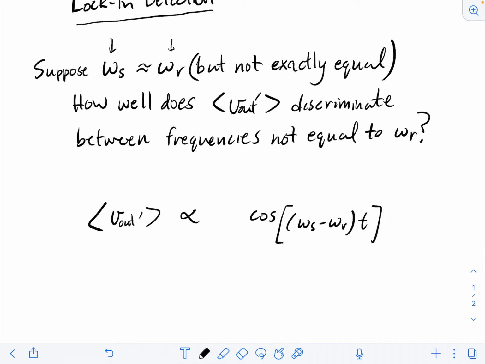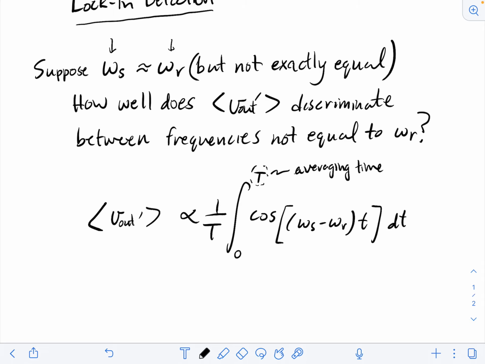There were also some amplitude prefactors that I've omitted. And then what a time average means is that we're going to integrate this over a long time where T is our averaging time, and then to make that an average, we multiply by 1 over T.